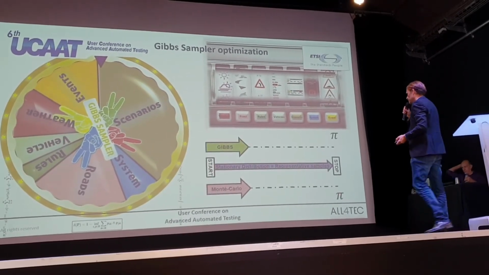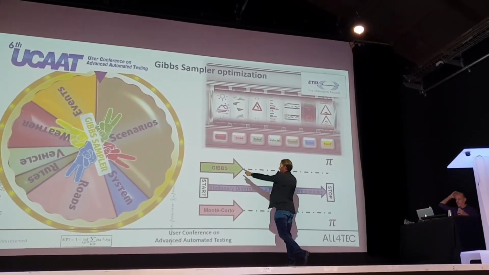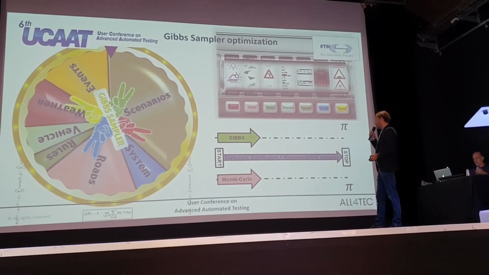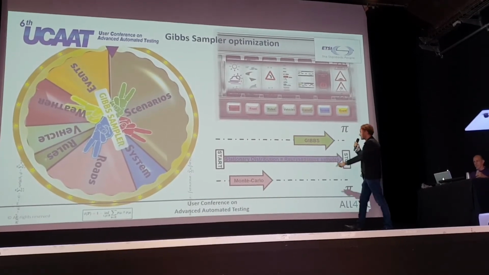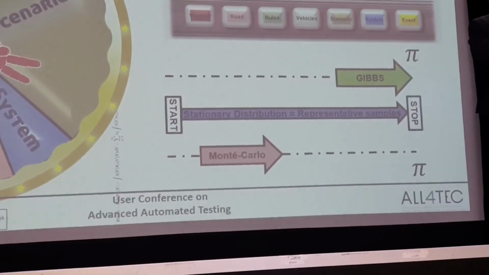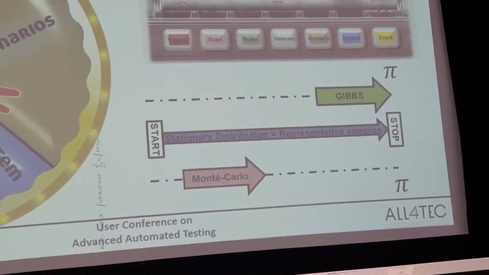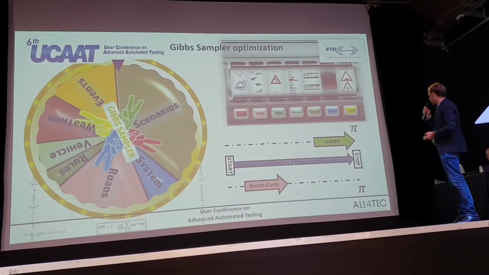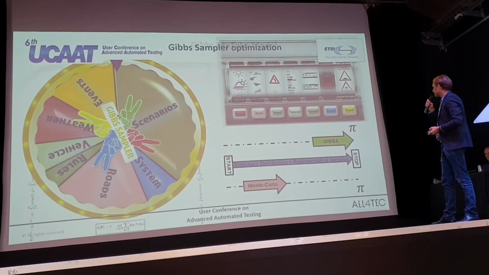And if we do a comparison between the Monte Carlo approach and the Gibbs approach, we see that Gibbs is much faster to reach the distribution of the system. The stationary distribution is the sample of your test cases that represents the probability you set in your model, and you go very much faster to this stationary distribution.